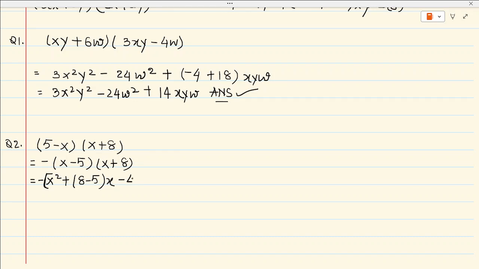The product is plus minus minus 40, so it will become minus x square plus 3x minus 40. Now open the bracket and multiply with the minus sign, so it will become 40 minus 3x minus x square. This is the answer.